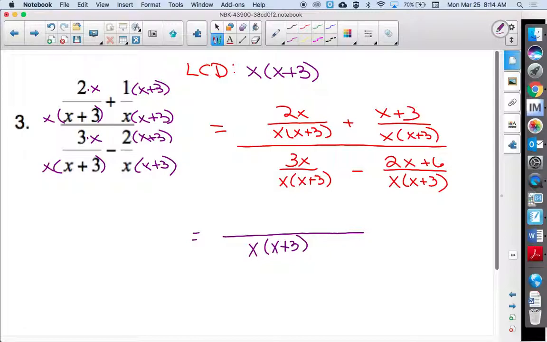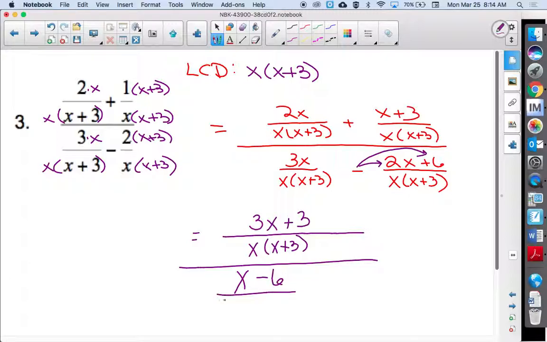So in your numerator, we should have a 2x plus x, and then the 3. On the bottom, we have a 3x minus 2x, so that's an x. Don't forget that minus goes to the 6 as well. That's the hardest thing to remember. So that should be an x minus 6.